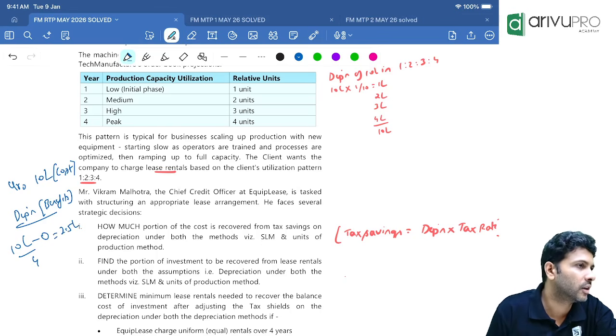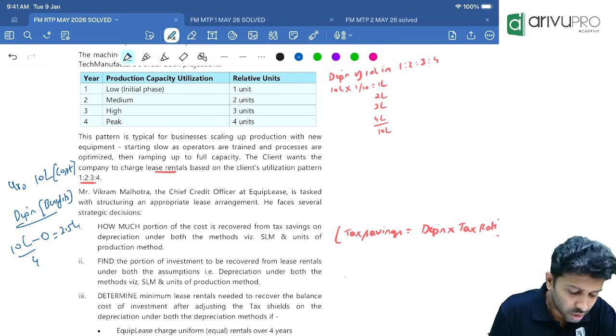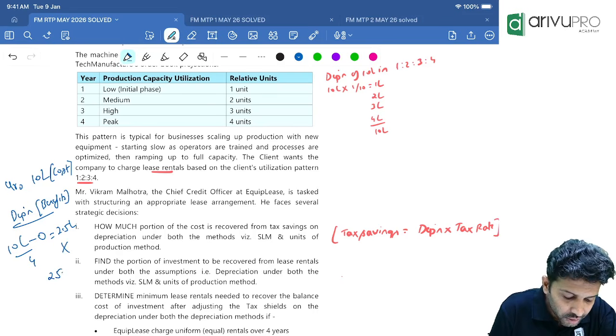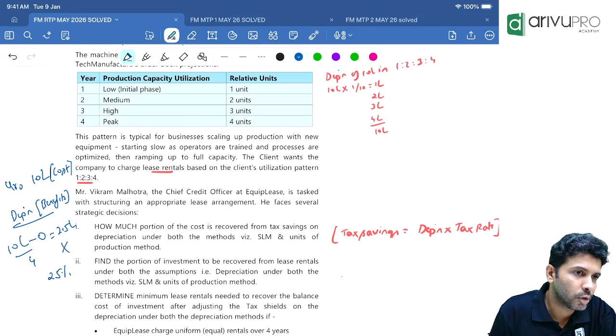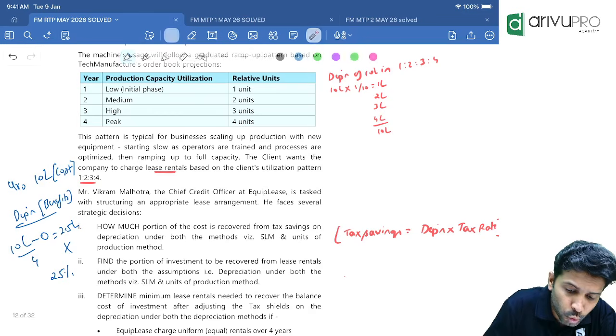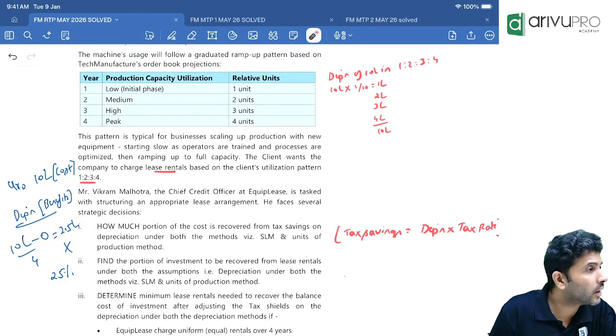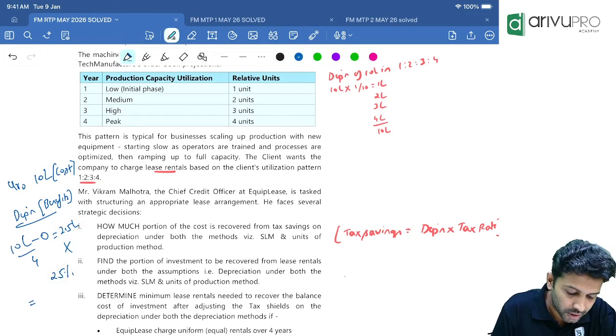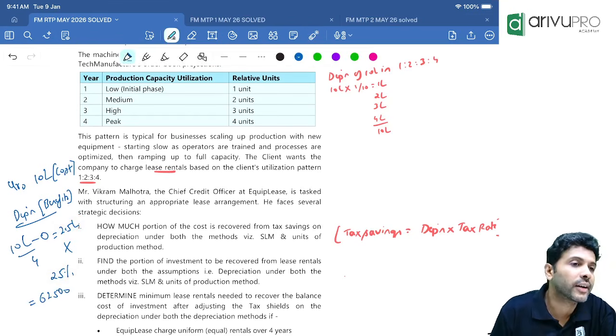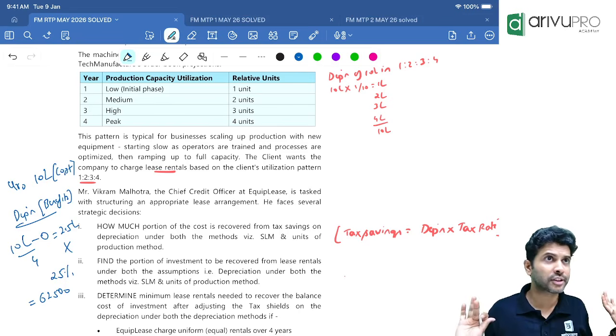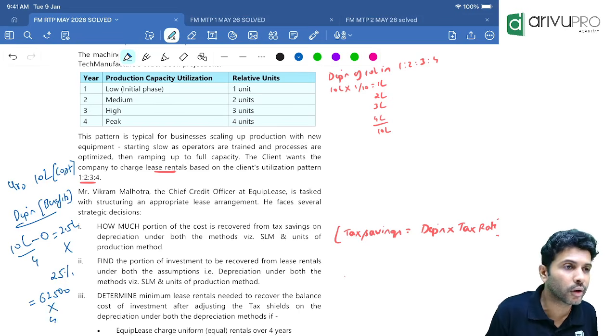On depreciation, this is an expense. On depreciation, you get what? Tax benefit. So what is the tax rate? 25%. You'll get a benefit of 25% of 2.5 lakh. How much is that? 62,500. Benefit is 62,500 for 1 year, so for 4 years, multiply?